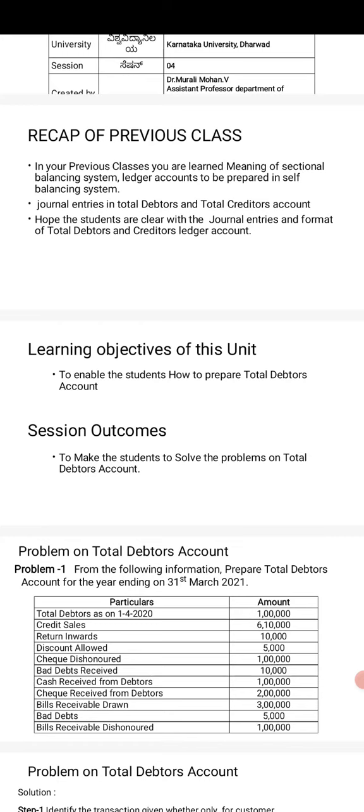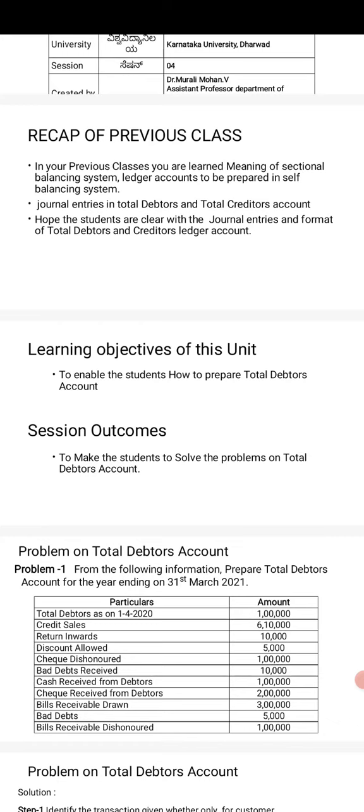When a customer or debtor returns goods, there are two reasons. Maybe the customer or debtor bought excess than the actual requirement. Other reason, after procurement of goods from the company, he might have found some damages in the goods.